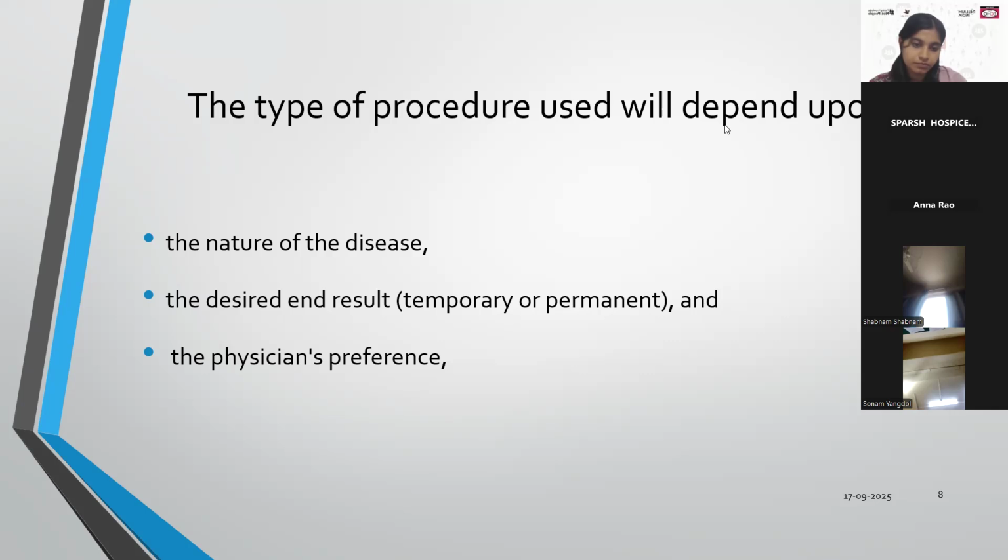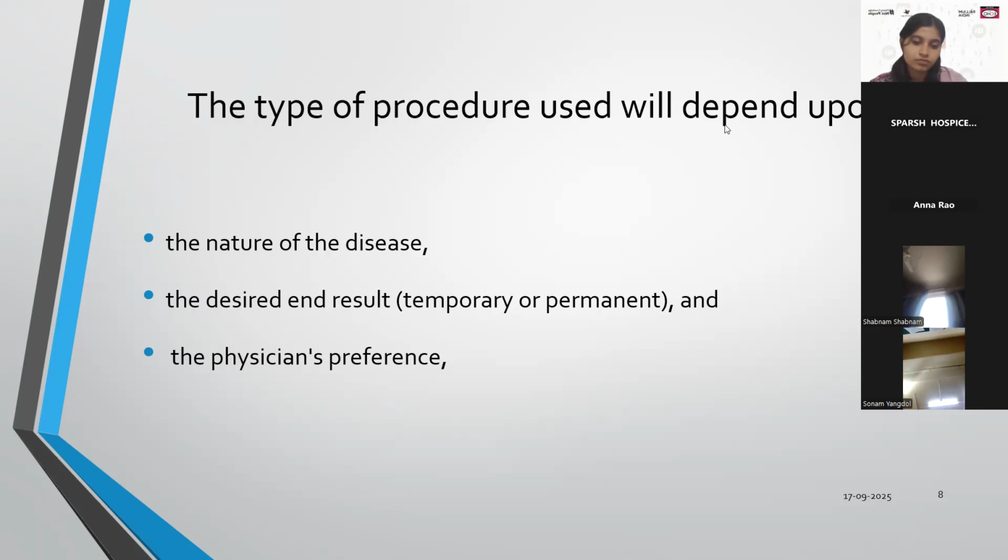One is for removal of the stool and another one is for the mucus removal. The type of procedure will depend on the nature of the disease, what kind of result is desired, whether temporary or permanent, and of course the physician's preference.